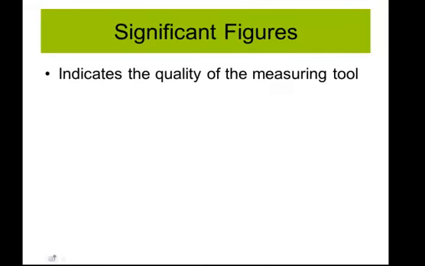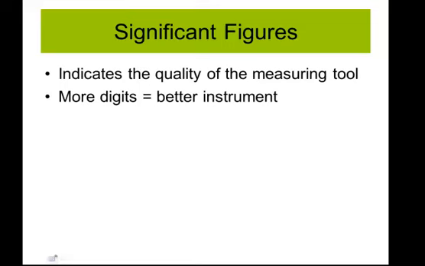All right, significant figures. These are usually kind of confusing. So significant figures are going to tell me how well my device is measuring things. The more digits that it has on my device, or the smaller divisions that it has, the better the instrument is, and usually the more expensive.